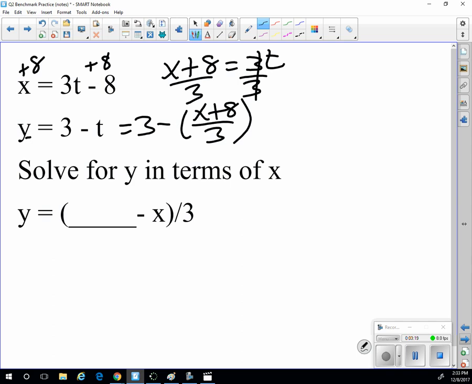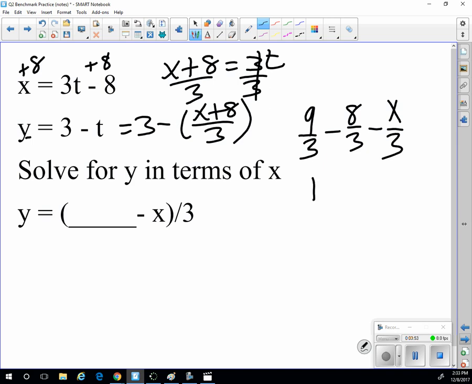Now that whole equation only involves x. y is equal to 3 minus (x plus 8) over 3. But let's combine terms. We can make them both have a denominator of 3. 3 is equal to 9/3. And if I subtract 8/3, so I'm breaking this fraction into 2 parts, and I'm subtracting x over 3 also, now they all have the same denominator.